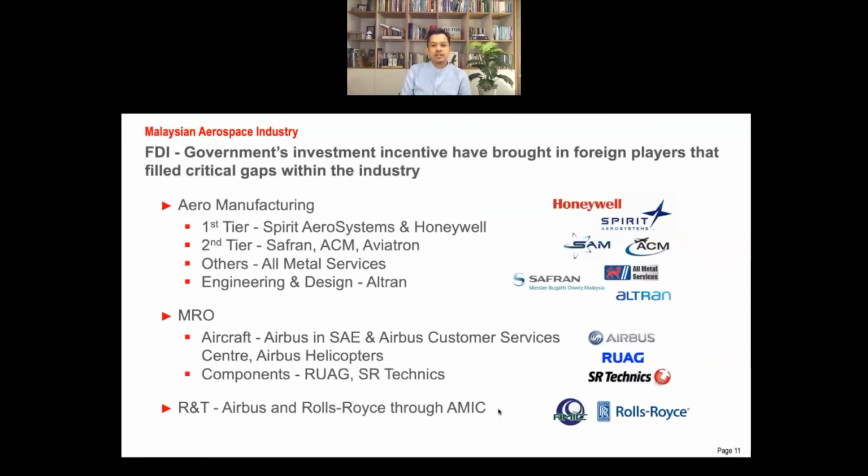Looking into the foreign direct investment, the government's investment incentives have brought in foreign players. So this is quite something to be proud of, where we have many aerospace players from all over the world coming into Malaysia and making their investment. So that finally fills the critical gap in the industry.